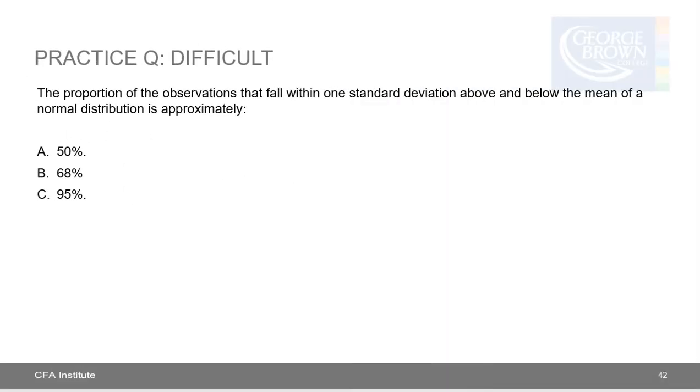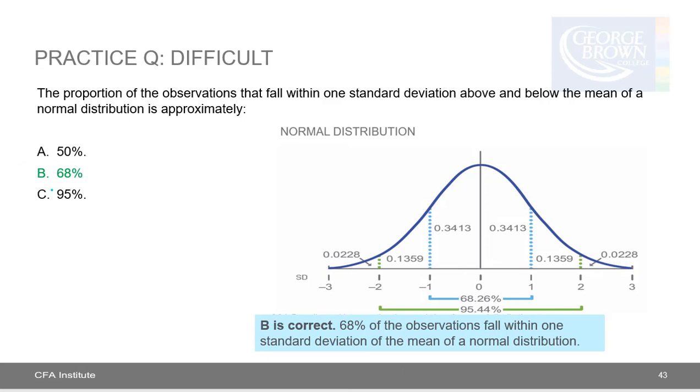A quick practice question from the learning ecosystem. The proportion of observations that fall within 1 standard deviation above and below the mean of a normal distribution is approximately A, 50%, B, 68%, or C, 95%. You can see the correct answer is B, all right?